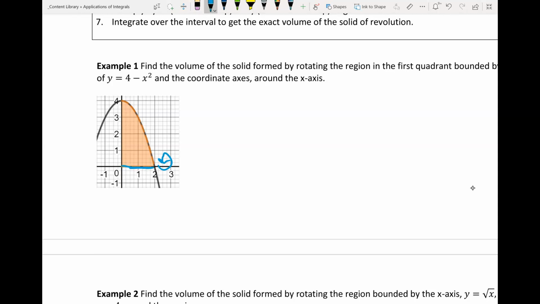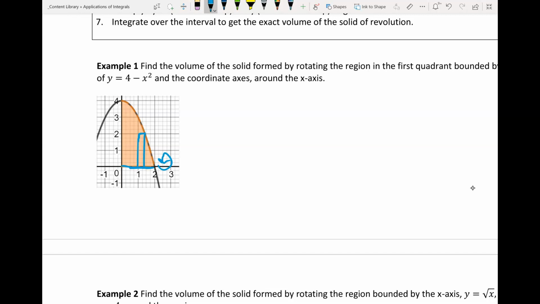It's also attached to the y-axis if we wanted to use that. Then we want to determine the rectangular strip that's perpendicular to the axis of revolution. So here is our arbitrary strip that's perpendicular to our x-axis.